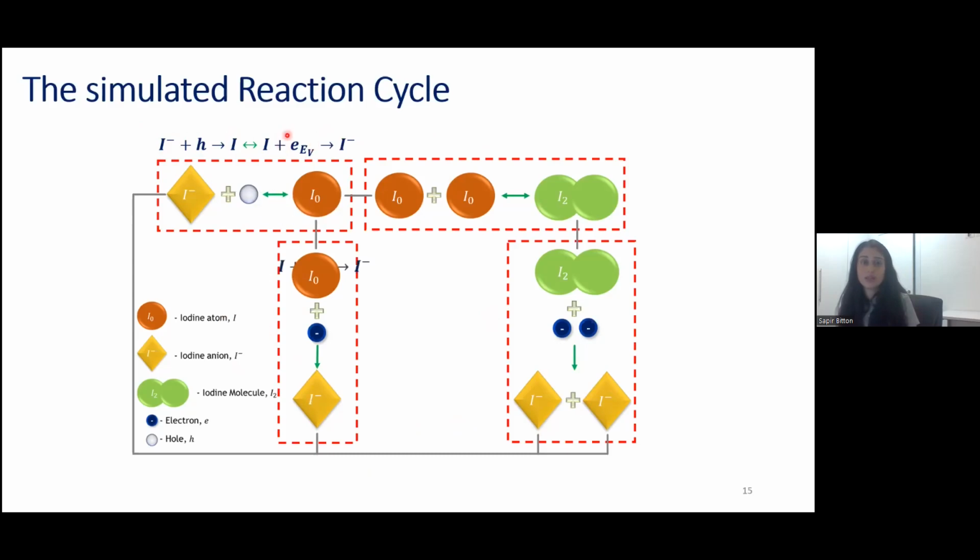A neutral atom can react with an electron from the valence or conduction band and become an anion again. Two atoms can react and become I2 molecule, and I2 molecule can react with two electrons and become two anions. So we chose a minimal set of iodine species that can describe this reaction cycle.